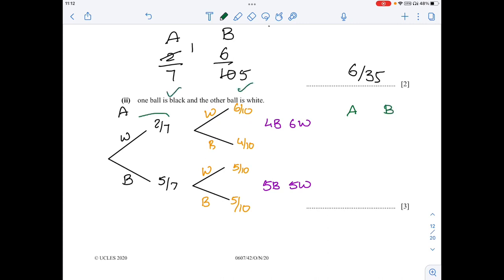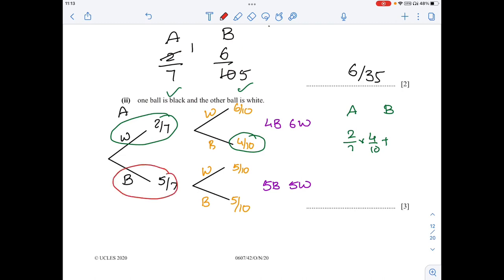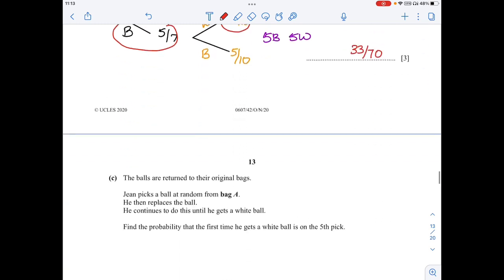So if it is white from A, it should be black from B. So it is 2 upon 7 times 4 upon 10, or if it is black from A, it should be white from B. So it is 5 upon 7 times 5 upon 10, which is 33 upon 70. That's going to be the answer.